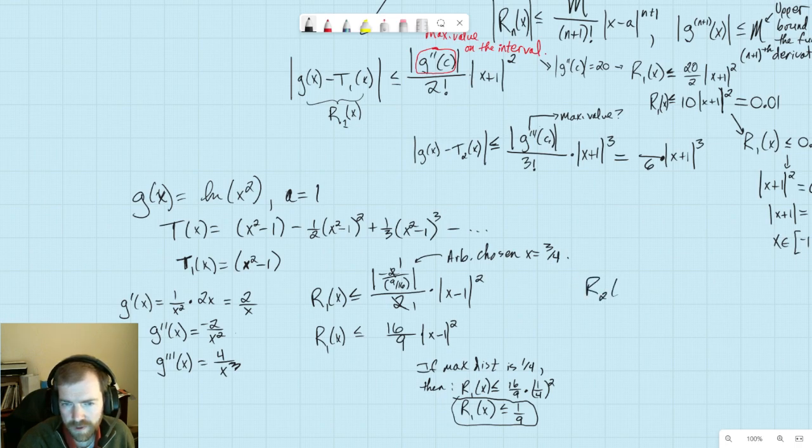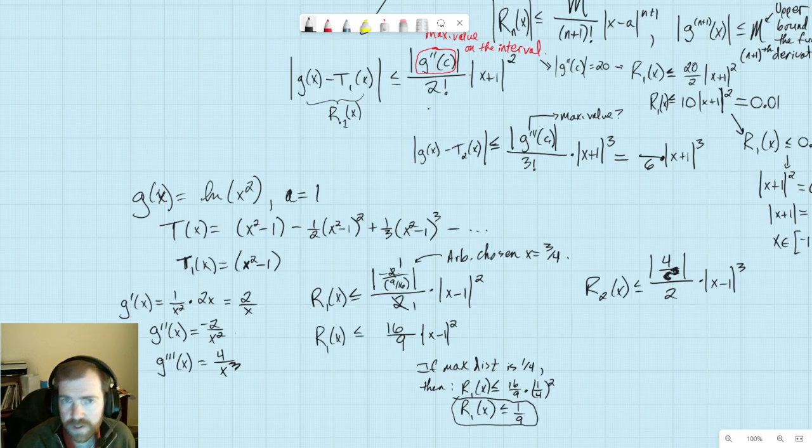Alright, and likewise, r2 of x is going to be less than or equal to, that's our third derivative, so it's the absolute value of 4 over x cubed, which again, we can arbitrarily choose, in this particular case, 3/4 to go in there. Oh, let's see. x minus 1 raised to the third power.